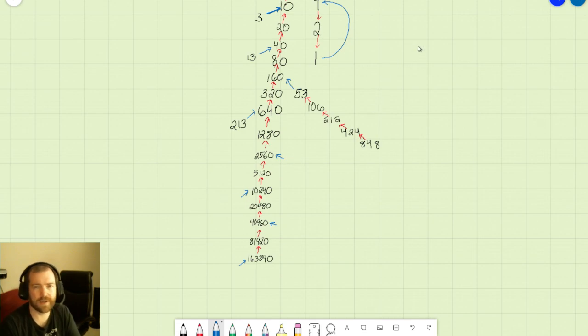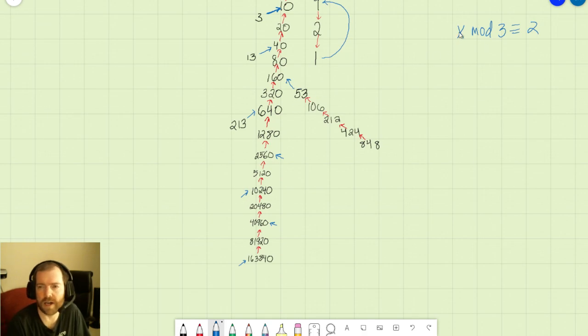So the pattern here for the blues is that x mod 3 is equivalent to 2, I think it was. 53, yeah.